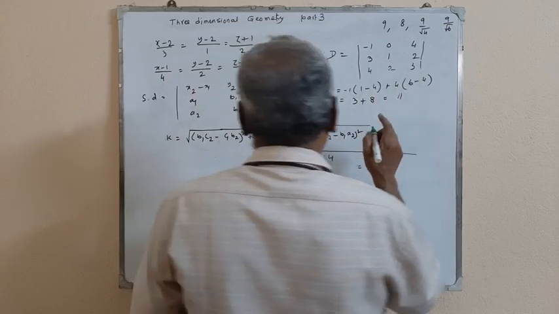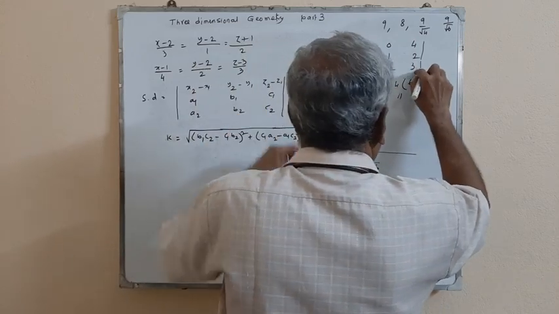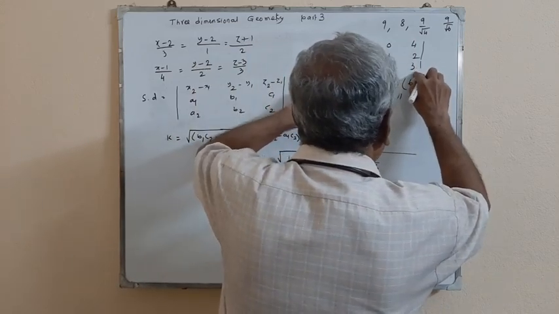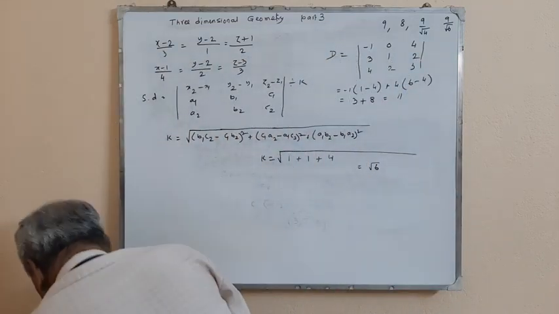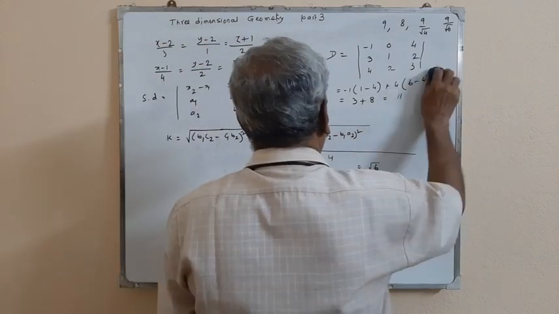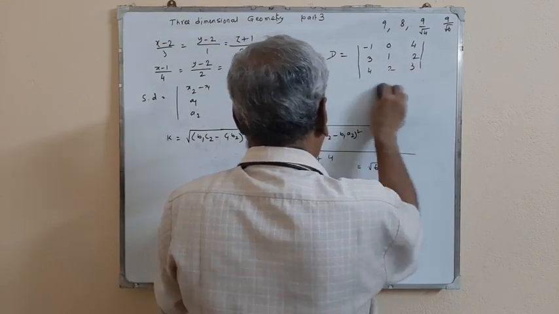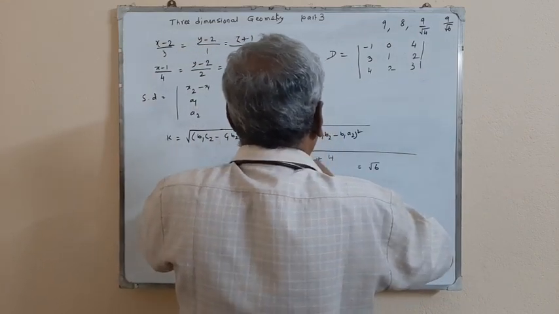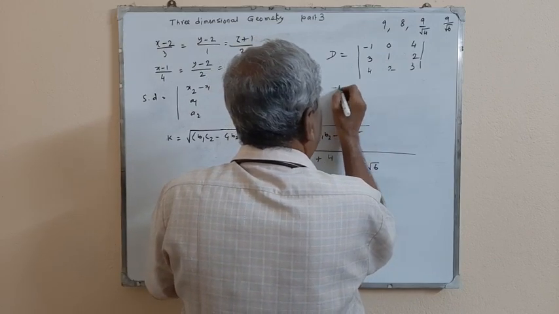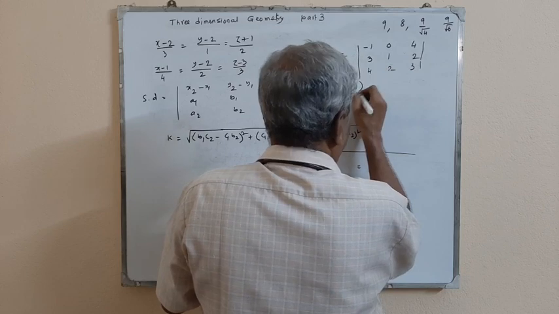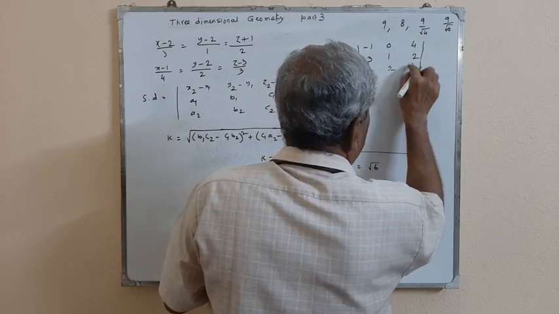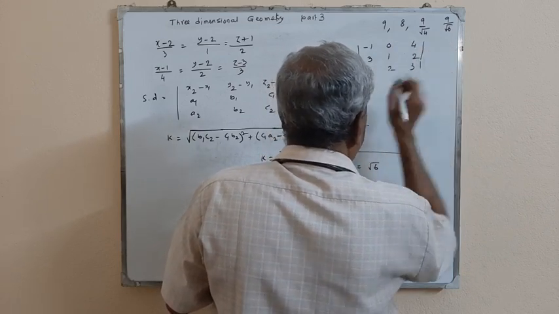And this one is equal to, as because it is 3, our answer is minus 1 into 3 minus 4. 0 into something is 0.